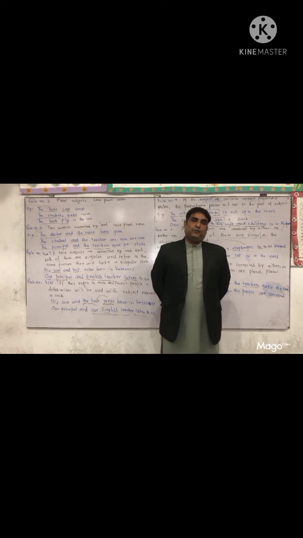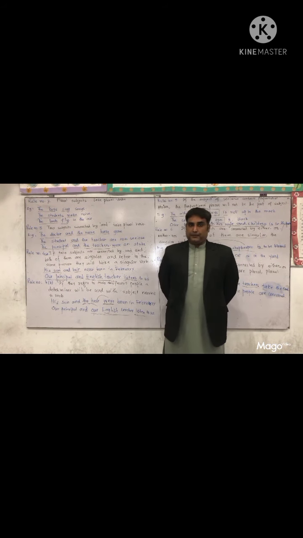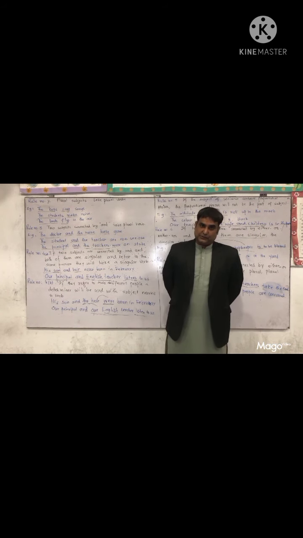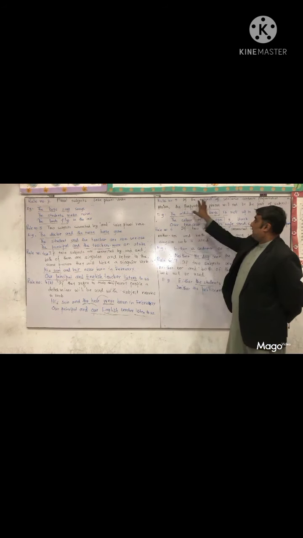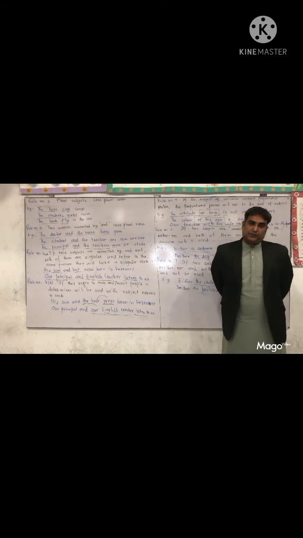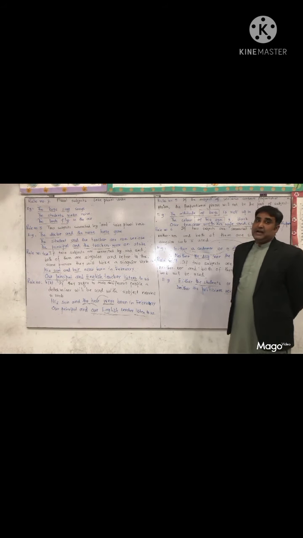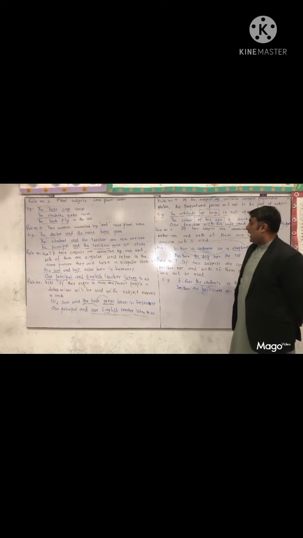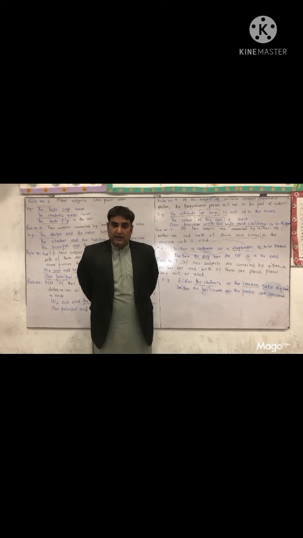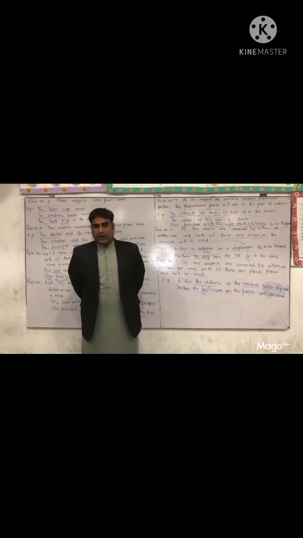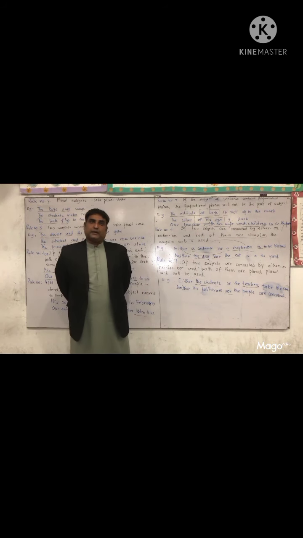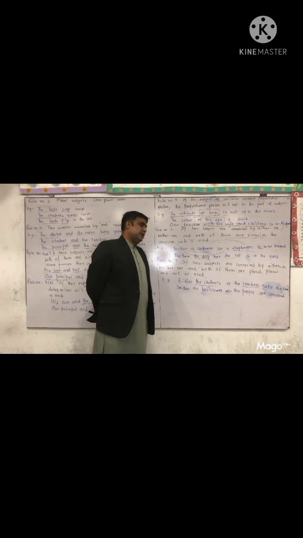In case they refer to two different people, a determiner will be used with the subject nearest to the verb. If a subject contains a prepositional phrase, it will not be part of the subject and the verb agrees accordingly. And rule number 6: when two subjects are connected by 'either or' or 'neither nor' and both are singular, the singular verb will be used, and if both are plural, the plural verb will be used.